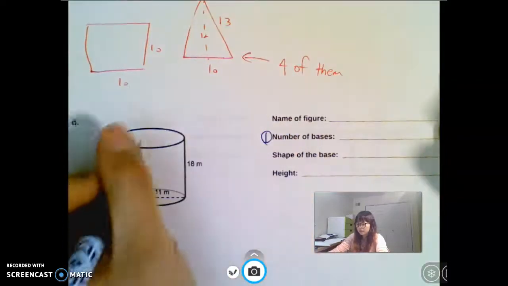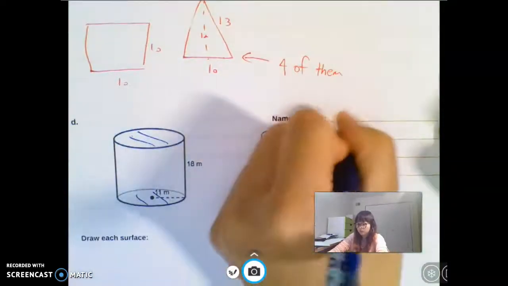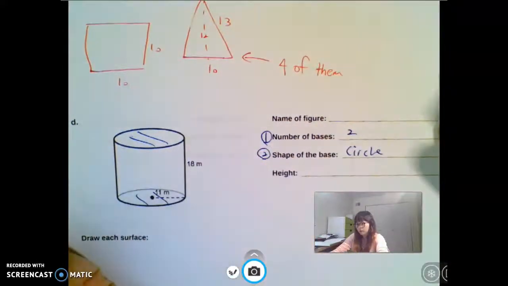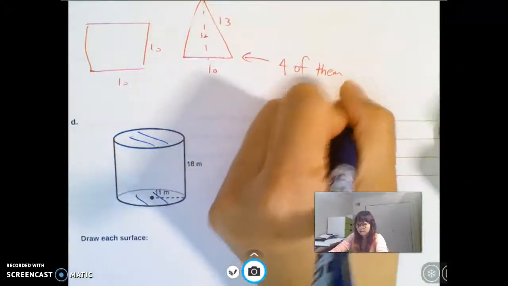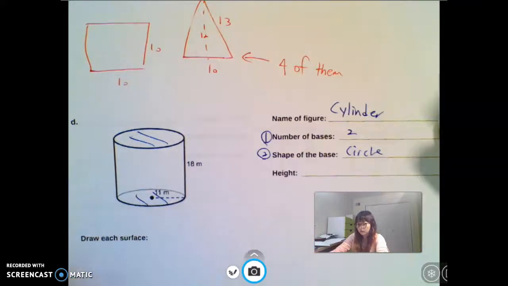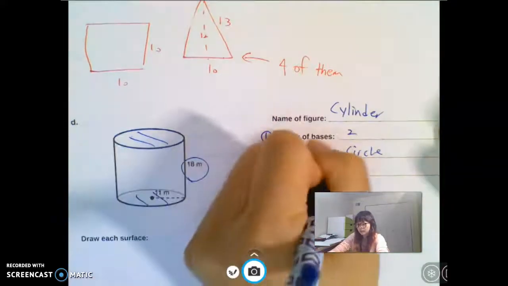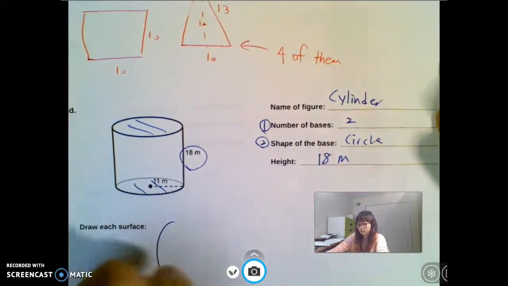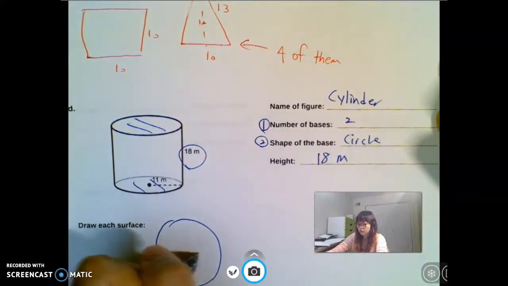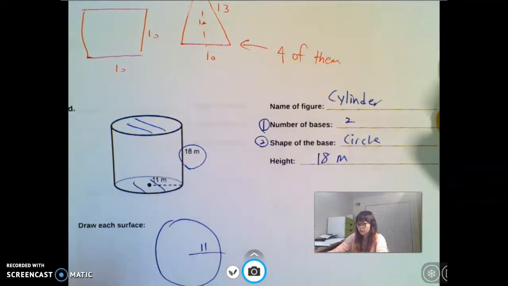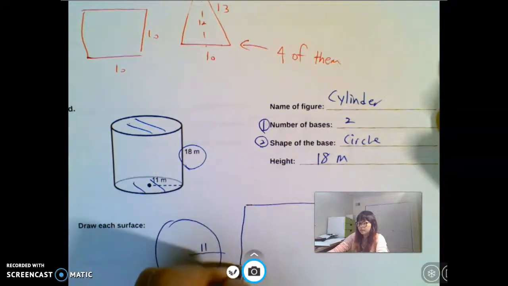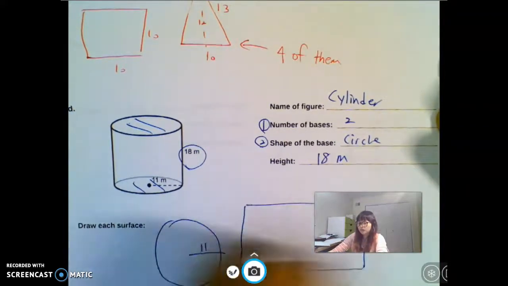Number of bases, 2. Shape of the base, circle. Name of the figure, cylinder. Height, 18. Cylinders are also interesting. It says 11 for the radius of the bases, but if you open up a cylinder, you actually get a rectangle.